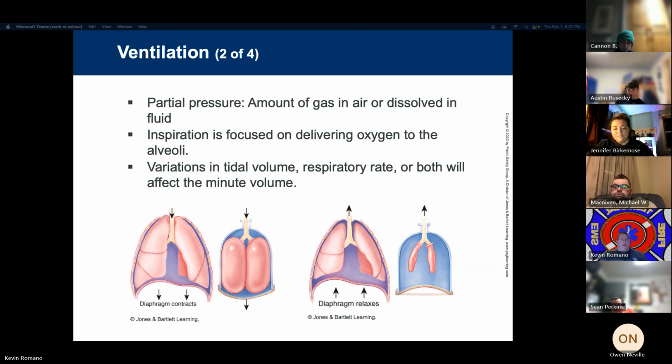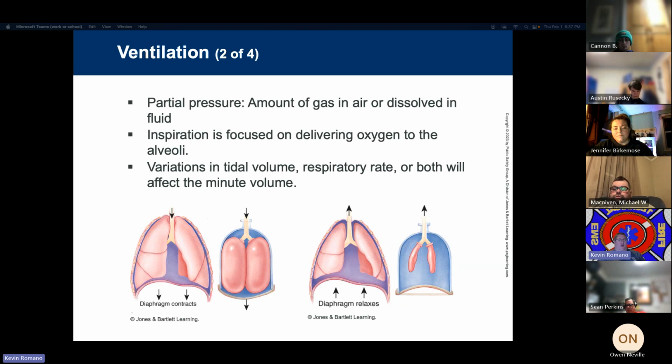Okay. The atmospheric pressure is normally higher than the air pressure within the thorax. So during inhalation, a slight vacuum is created. Gases such as oxygen will then move from the area of higher pressure to an area of low pressure, right? Which is called diffusion, until the pressures are now equal on both sides.